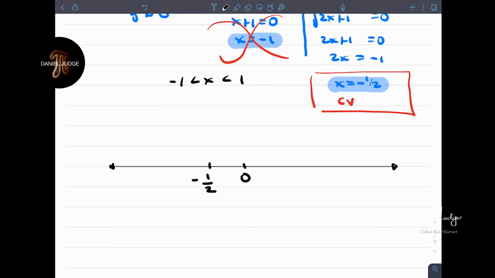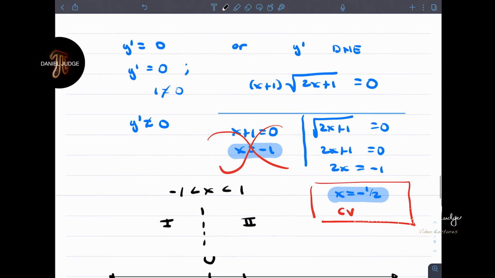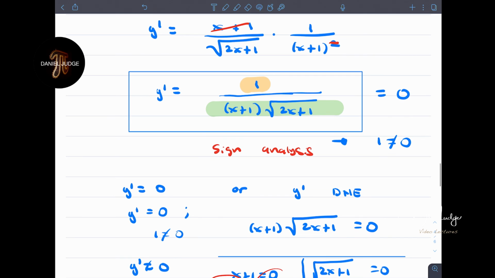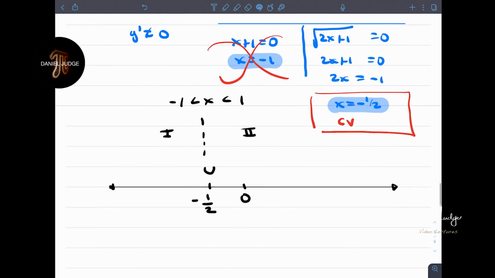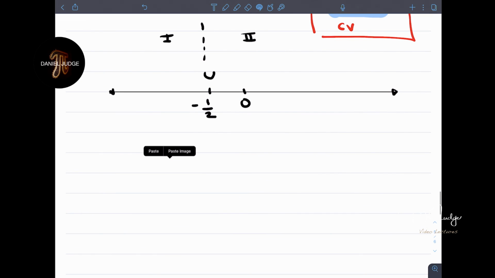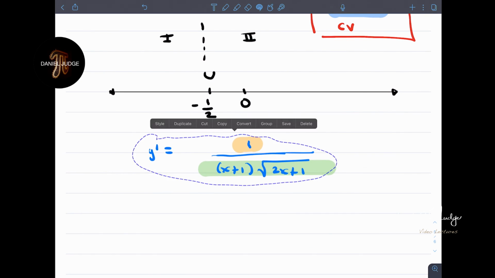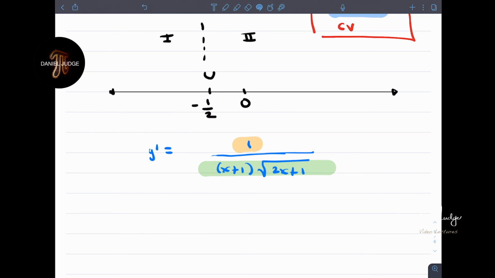Typically, we know the derivative is going to be undefined here. So when we do sign analysis on that first derivative, we really have two regions here.